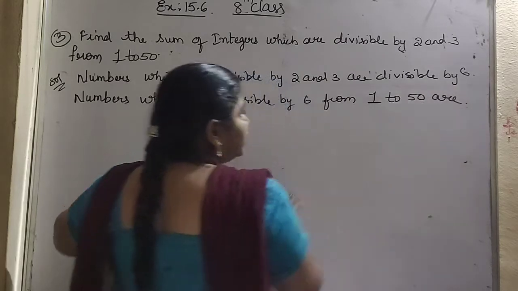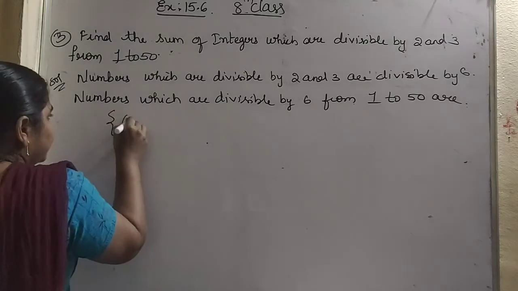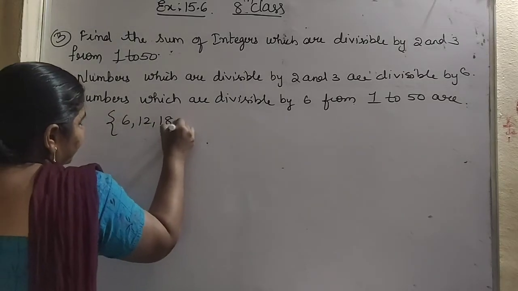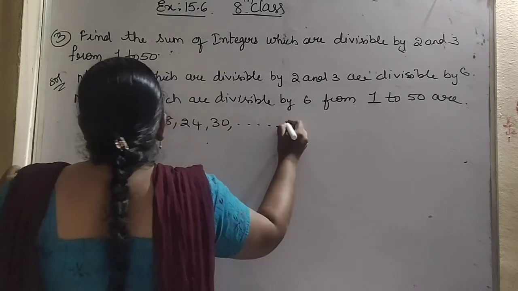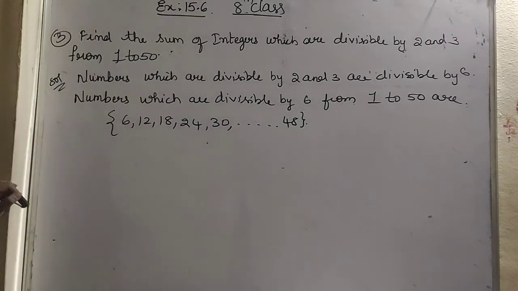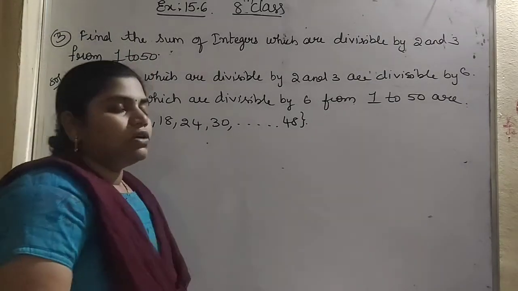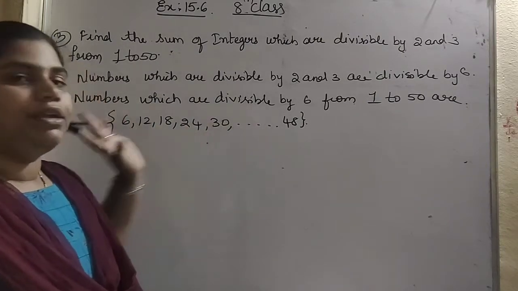So what are the numbers which are divisible by 6 from 1 to 50? They are 6, 12, 18, 24, 30, and so on up to 48. So what they asked, they told to find the sum. Sum is nothing but do addition here.